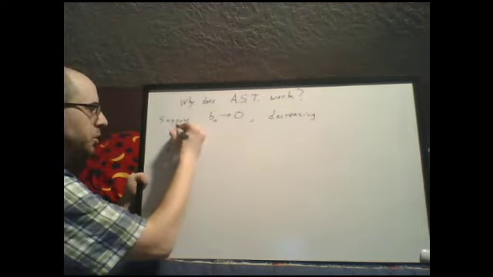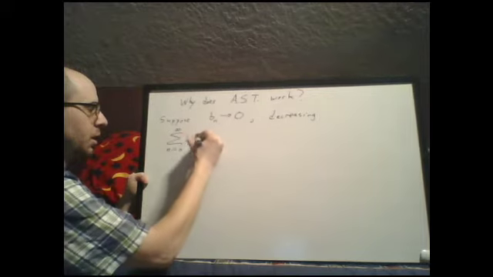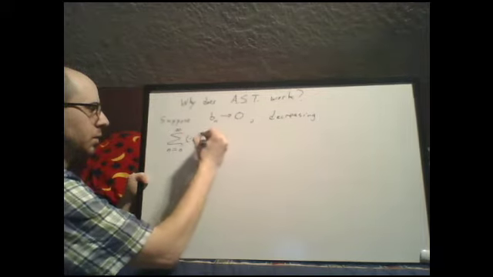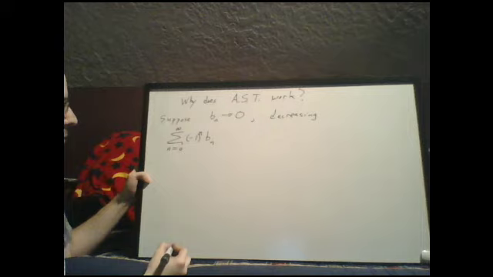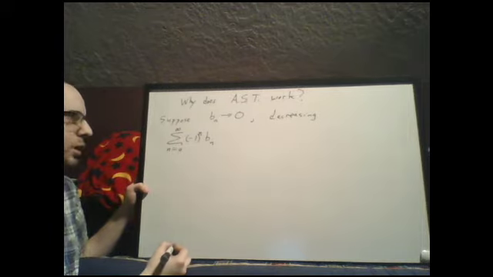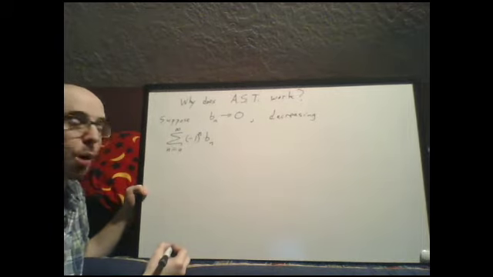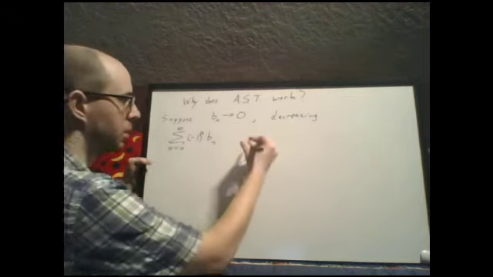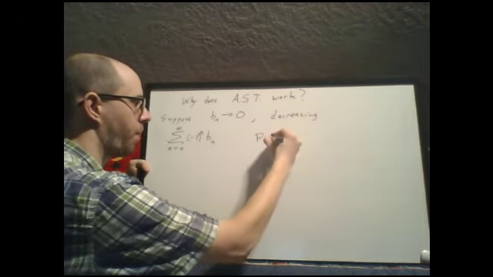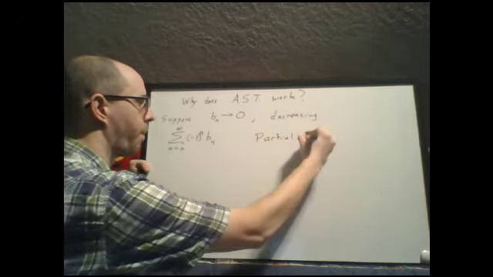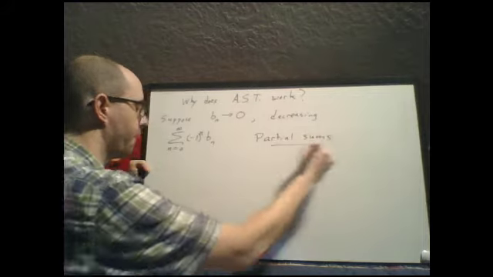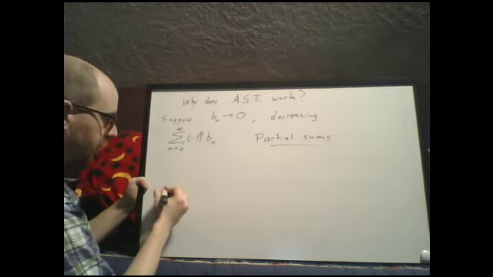Let's look at one of these alternating series, (-1)^n times b_n. I want to look at the partial sums. I'm going to draw a picture of a number line here.